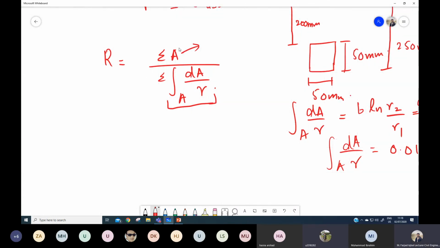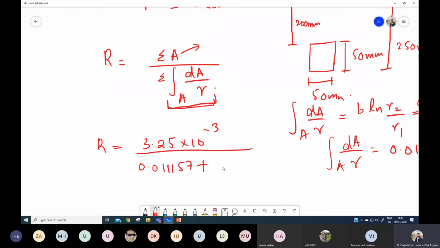We know this total area, that is 0.325 or something, which we have already calculated, and now we know these two factors as well. So we will sum them and get the location of the neutral axis. The area was 3.25 into 10 raised to power minus 3, or 0.00325. This factor for shape 1 was 0.011157, and for shape 2 it was 0.0028867.